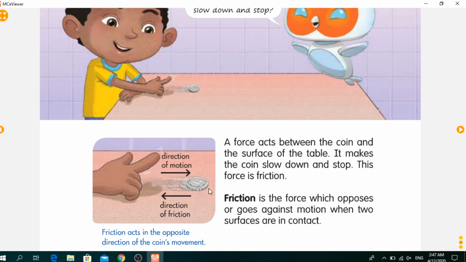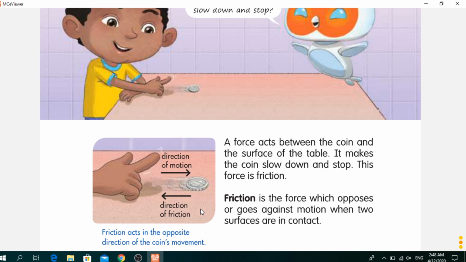And they said that the friction acts in the opposite direction. So this is the direction of friction. So I can say friction is the force which opposes motion when two surfaces are in contact. Did you get it? Great.